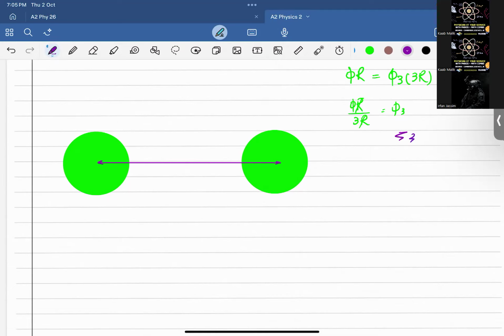And the gravitational potential at any point due to the two masses is going to be the sum of the potentials.